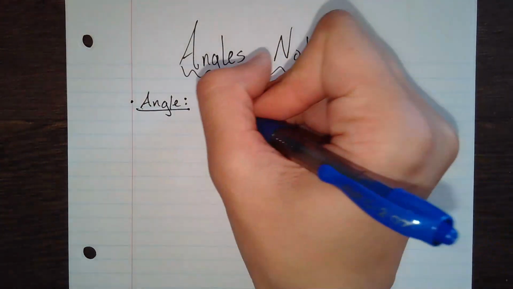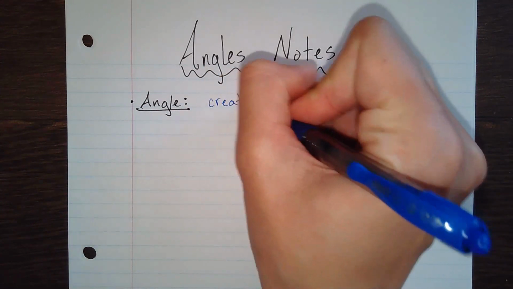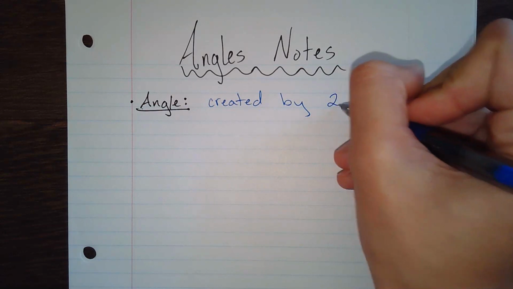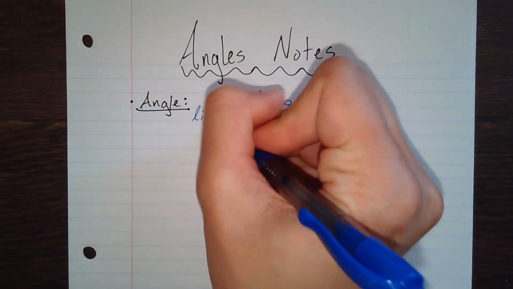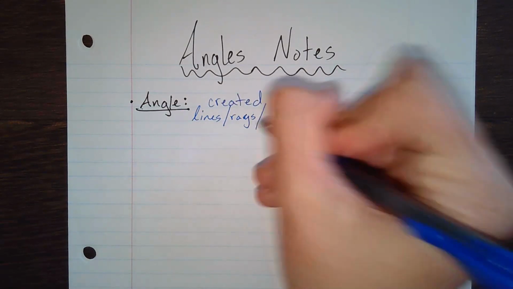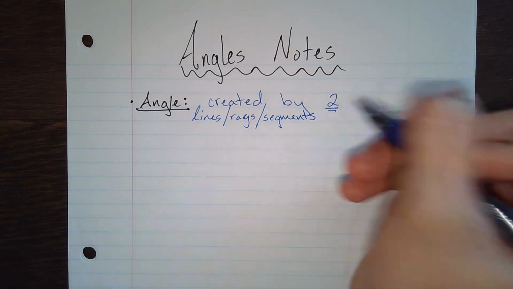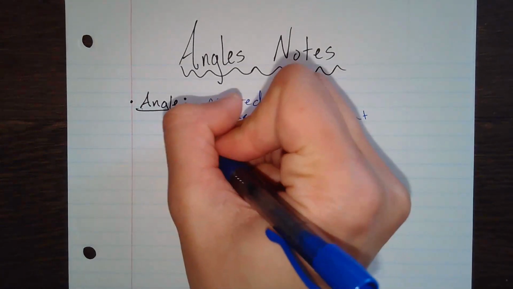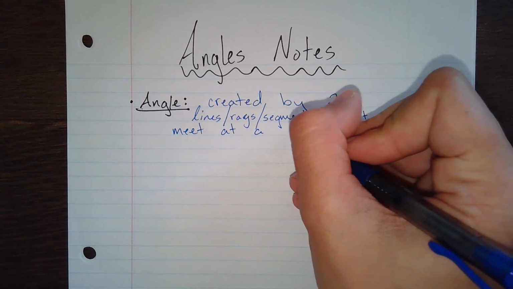Okay. An angle is something that is created by two lines, two rays, or two segments that meet at a common point.